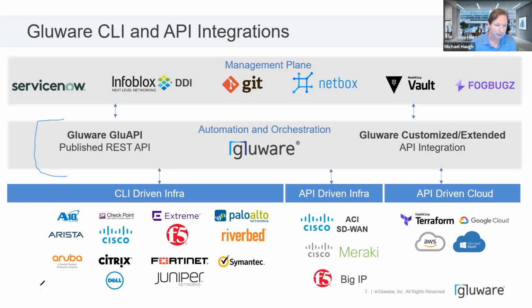We're going to show you that, but usually we're starting here, what we refer to as the CLI driven infrastructure, because chances are you have a lot of this in your network with Cisco and Juniper and Aruba and on and on. And so with this, we're able to map what you have in your network to what we already support today. And we're able to do turnkey automation on these vendors. And again, we add more often and rapidly.